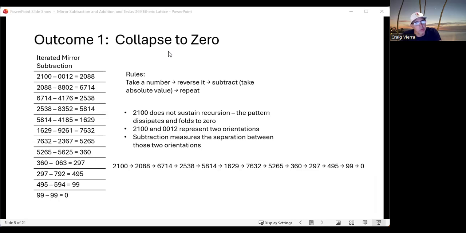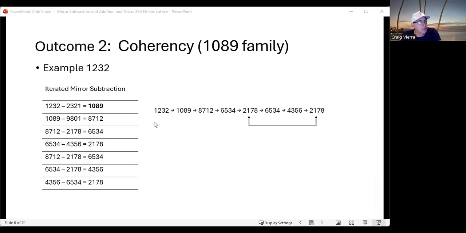I will use the term fold sometimes when the geometry will fold and then it will refold back out. And normally when I use the word collapse, it means that it's not going to refold back out. So here is the very first outcome. So let's go to the second outcome.